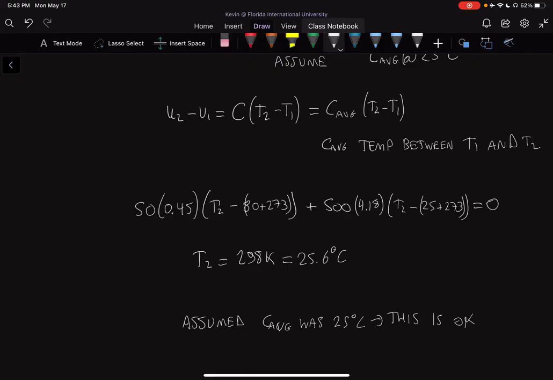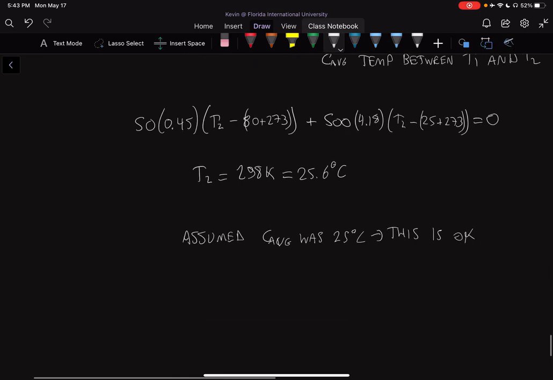If the average temperature was, let's say, 35, so if you had 25 and another temperature, and the average was 35, you would still use 25 as your value, because it's the closest value. I don't need you to interpolate between the values, just like in your tables.